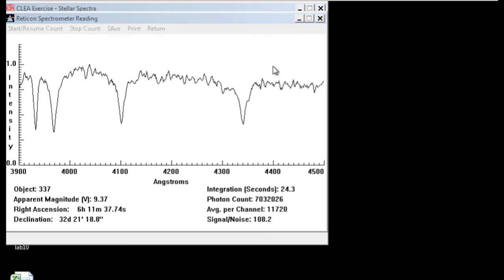All right, so the first thing that the handout wants you to do, this is on page 17, is to record the position of this star, and that's given by the right ascension and the declination. If you haven't learned about this in class, basically it's just the coordinates in the sky where you would be looking for this. And also the apparent magnitude, so how bright the star appears to you.